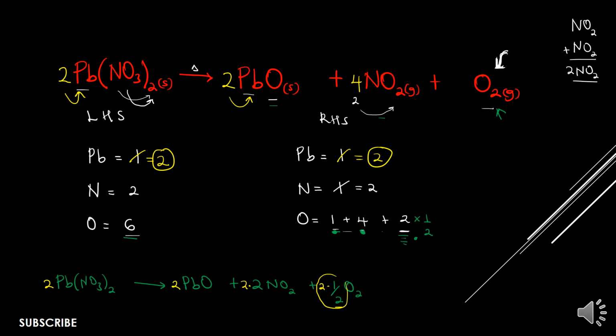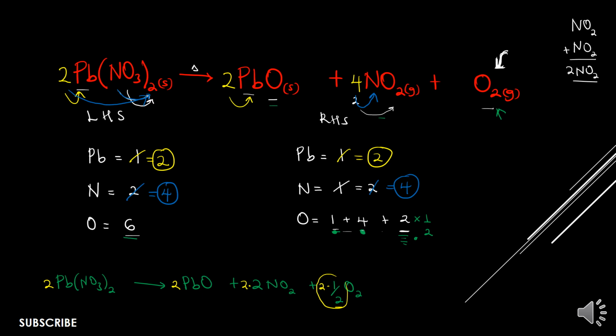Initially we had nitrogen 2, but now with this 2 we shall have nitrogen 4. So nitrogen equals 4. This side we have our 4 already here, nitrogen equals 4. So nitrogen 4 equals 4. It is balanced, so I believe you can all see how this magic is working out for us.